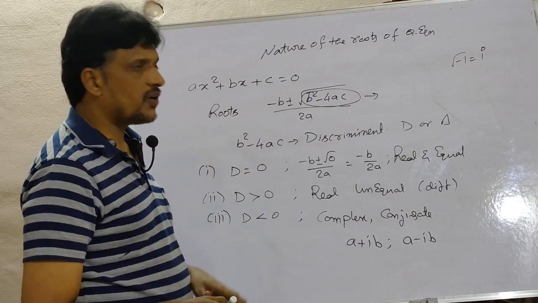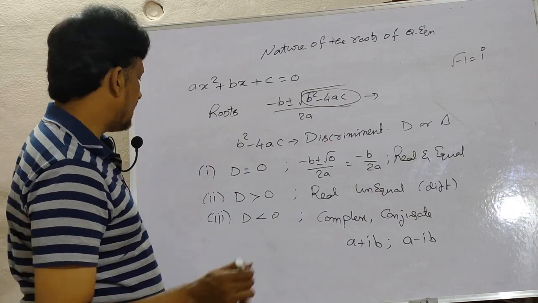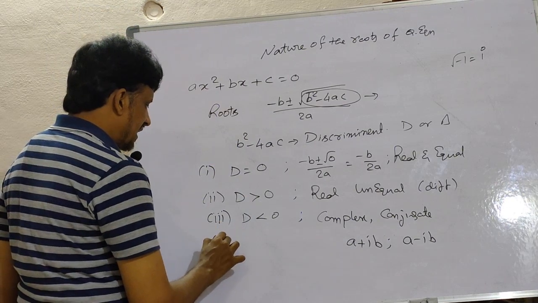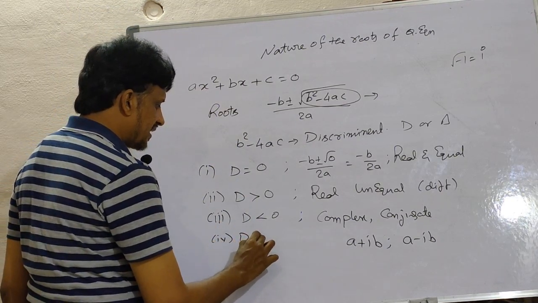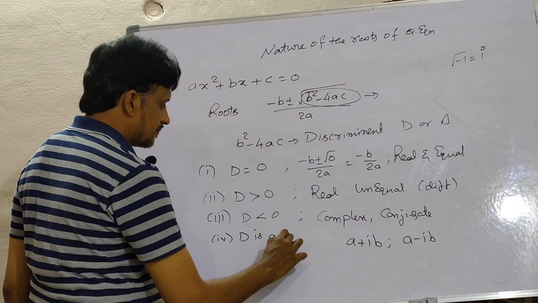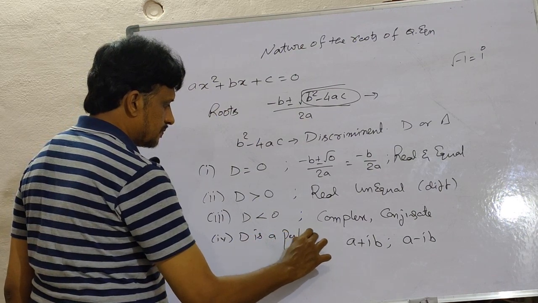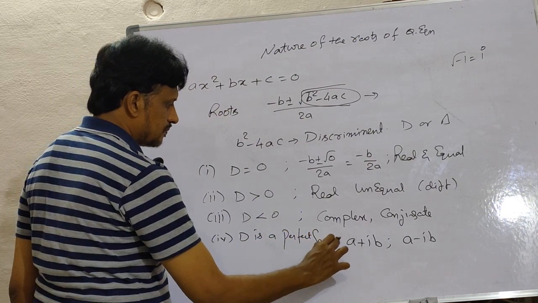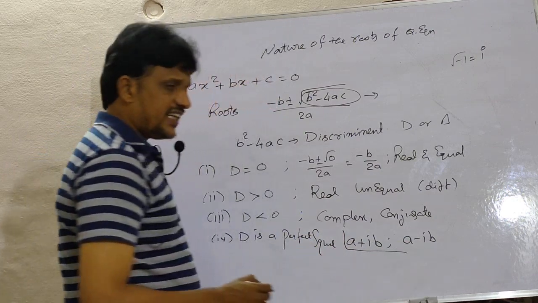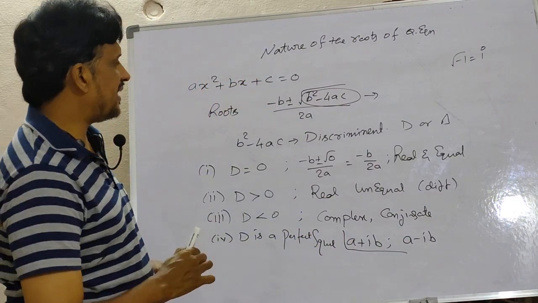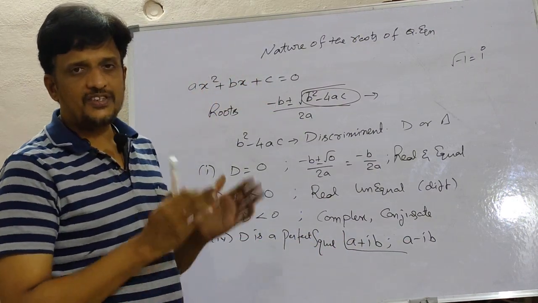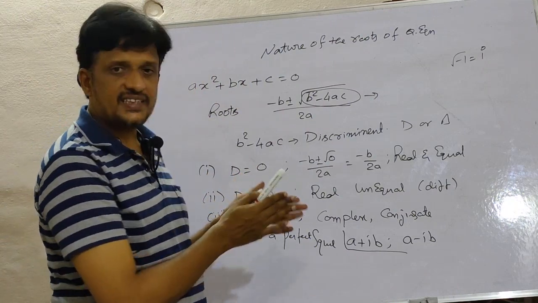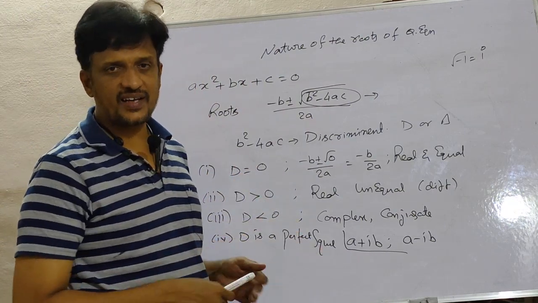And one more important case is the fourth one. In the fourth one, delta is a perfect square. If it is a perfect square, then just observe, the value of delta is either 4 or 9 or 25 like this.